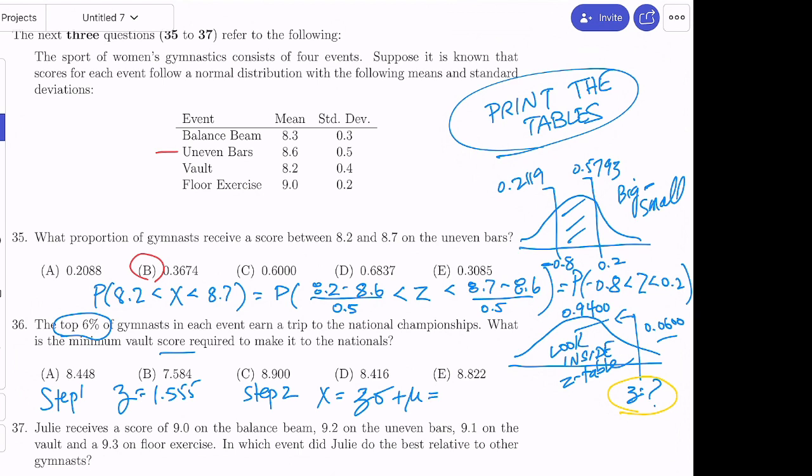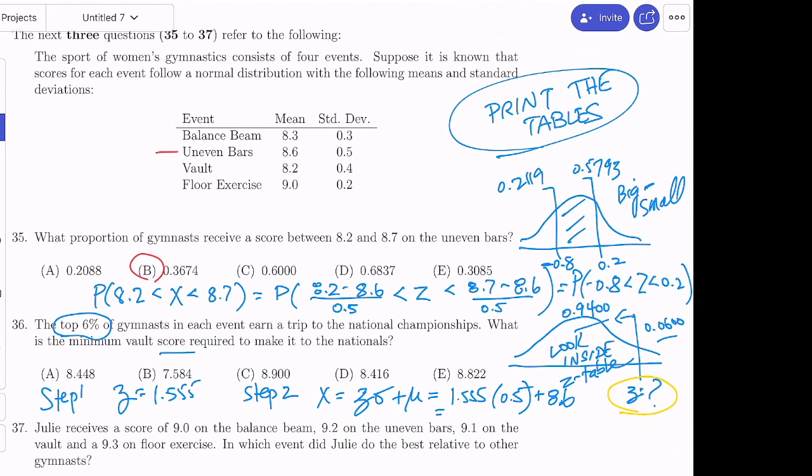So z standard deviations from the mean. And the answer is... so I'm converting from the z, I'm unstandardizing and getting the score in terms of the units of the problem.